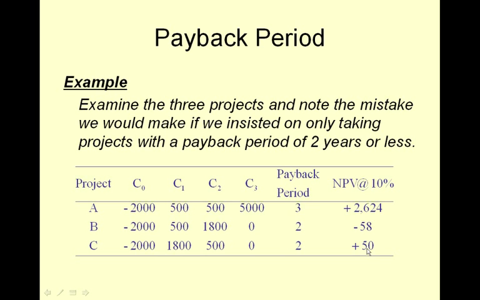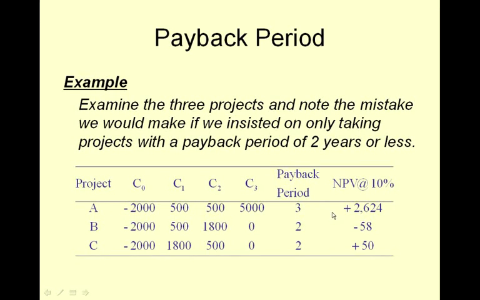Now, we get a wacky ranking using the payback period criterion because, first of all, that criterion ignores all, or most of, these positive cash flows that occur after a 2-year payback period cutoff.